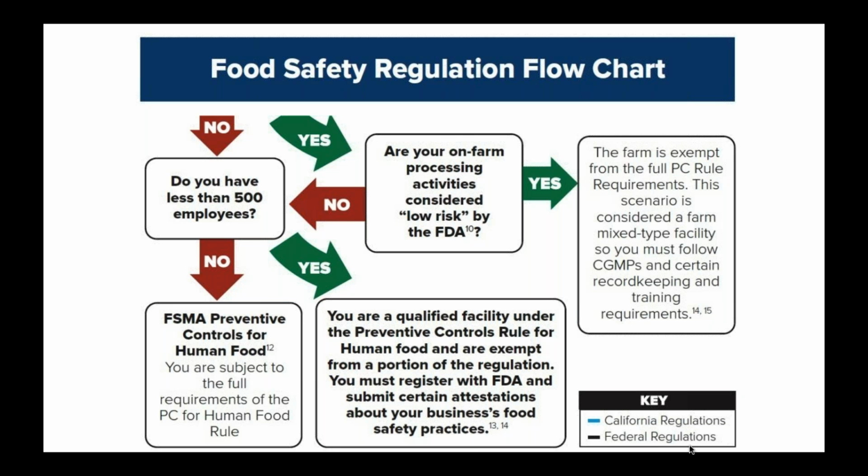But in general, for FSMA and the preventive controls rule, you would have to file with the FDA and make sure that you file attestations that give information that you do have less than $1 million in annual sales, less than 500 employees, and that you have done a general assessment of the food safety hazards in your facility, and that you're adequately addressing those hazards.